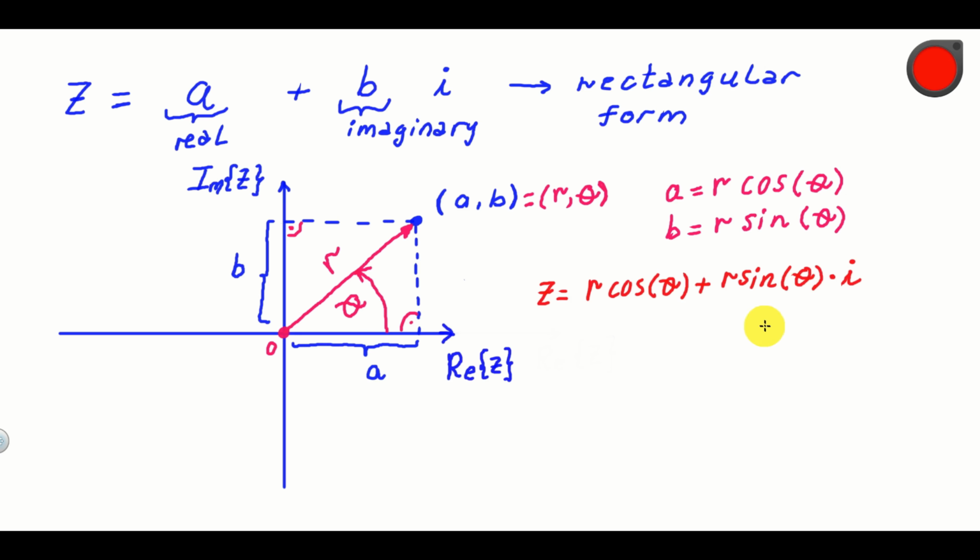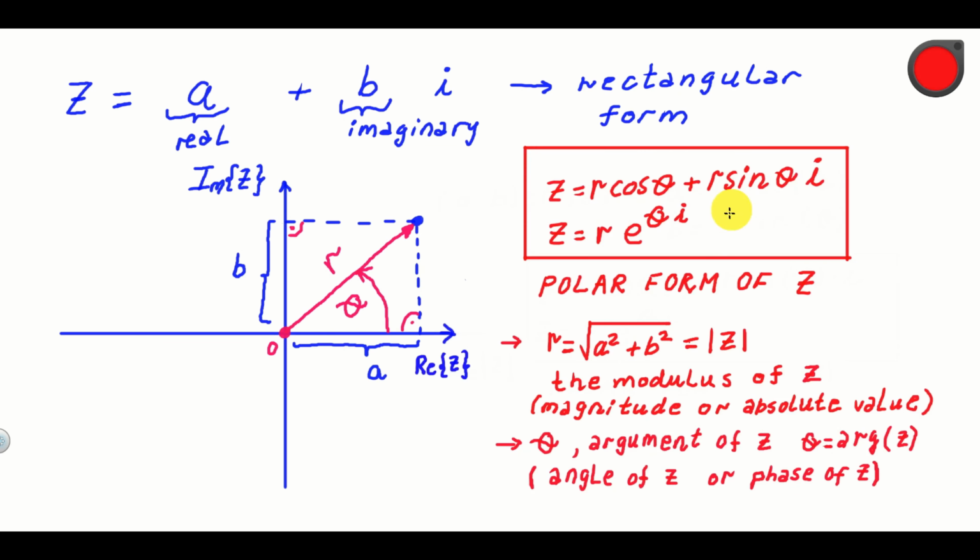Now, by using the Euler formula, we can represent this complex number also like this: z is equal to r e to the power theta i. These two equations are actually equivalent and they represent the polar form of our complex number z.